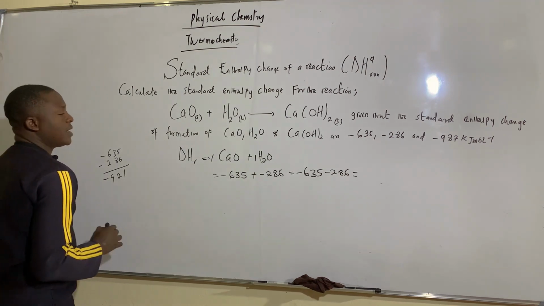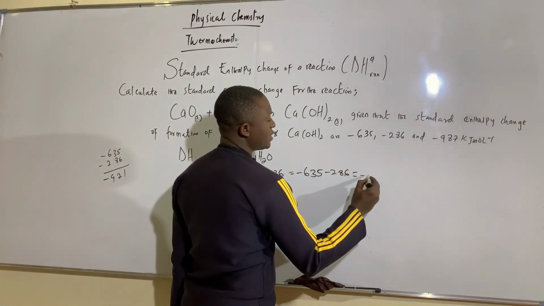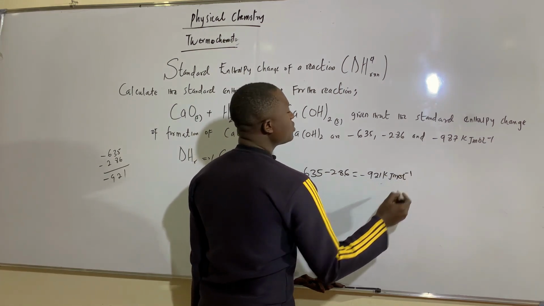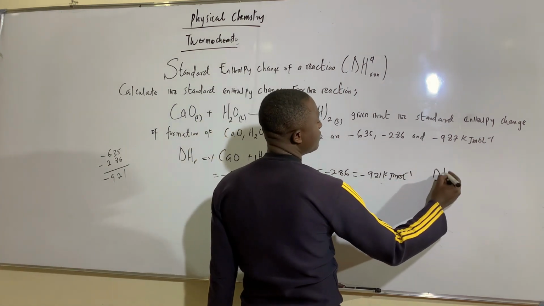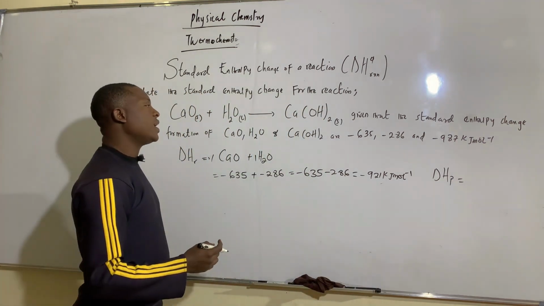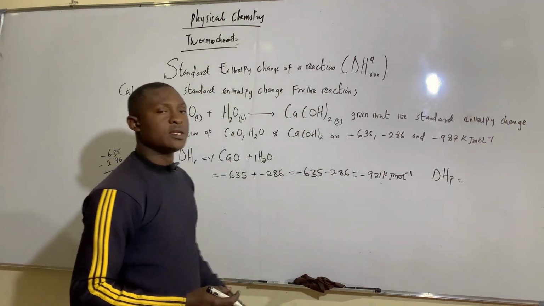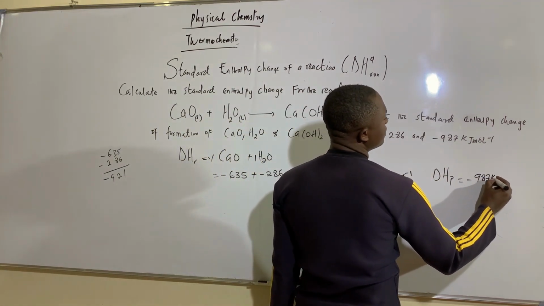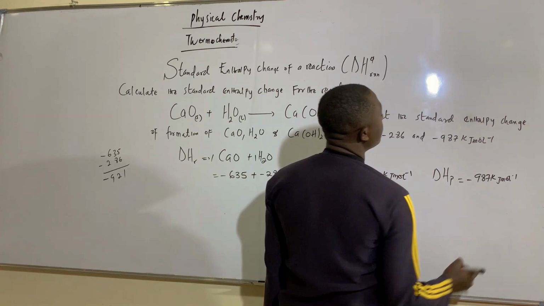Then this is minus 921 kilojoule per mole. But you can see for the product, we only have one value. We only have calcium hydroxide there. And for the calcium hydroxide, the value is minus 987 kilojoule per mole.